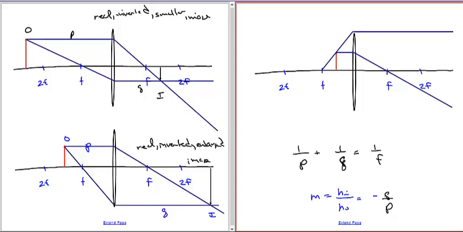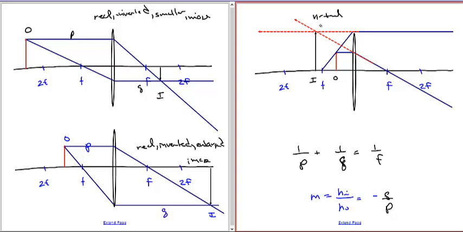So that means that you need to go the other direction. So this goes back that way, this goes like that, and the intersection of those two is where the image is.